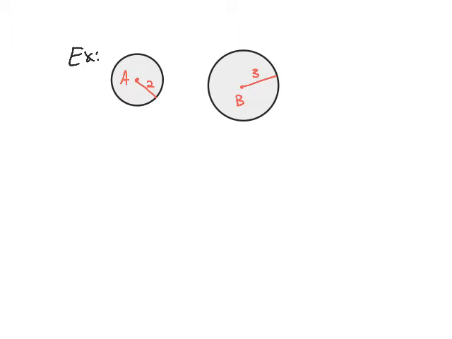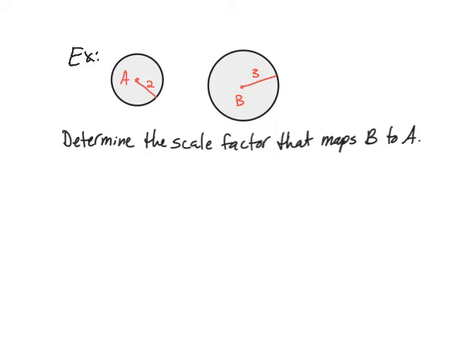So let's look at an example of this. I have circle A with a radius of 2, circle B with a radius of 3. And in this problem, I want to determine the scale factor that maps B to A. So I start at B, I end up at A. How do I scale this down so I end up at A? So all we're looking for is the scale factor.